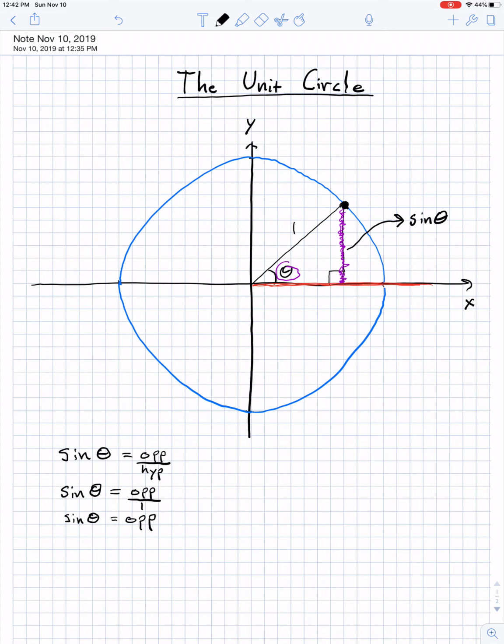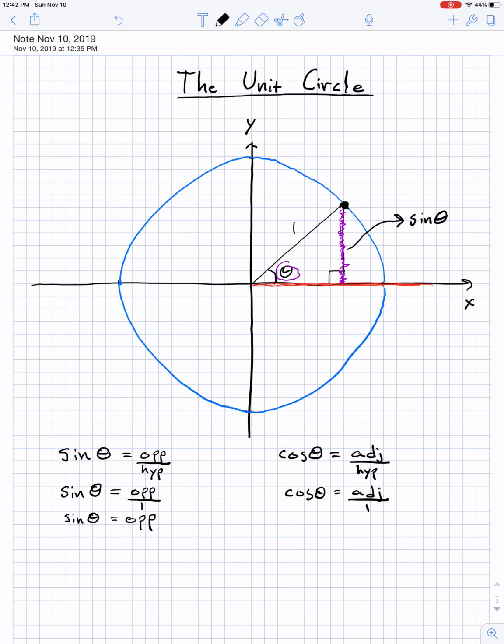Cool? Similarly, if we do a similar argument with the cosine, the cah, I'll assume that you know that the cosine of theta is equal to the length of the adjacent side of the right triangle divided by its hypotenuse. We're talking about the same triangle, so the hypotenuse is still 1.